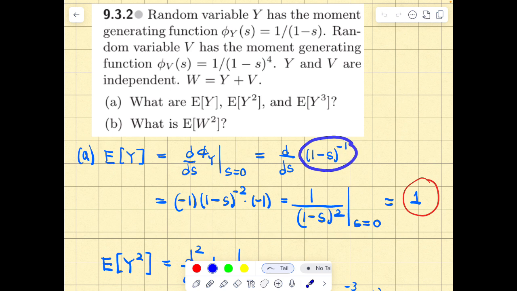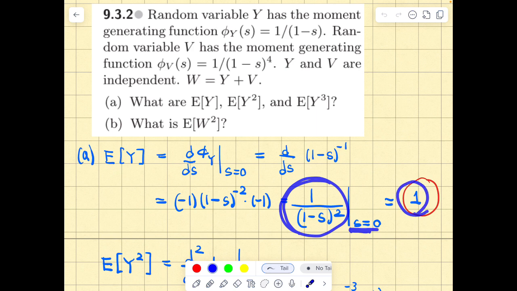So we're going to differentiate this. I hope you still remember how to differentiate. Negative 1 comes down, 1 minus s to the power of negative 2, and then you differentiate the factor with respect to s, and you get an extra negative 1. At the end, this is the derivative. And then you plug in s equal to 0.